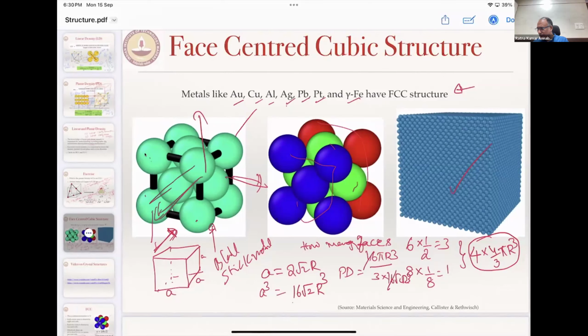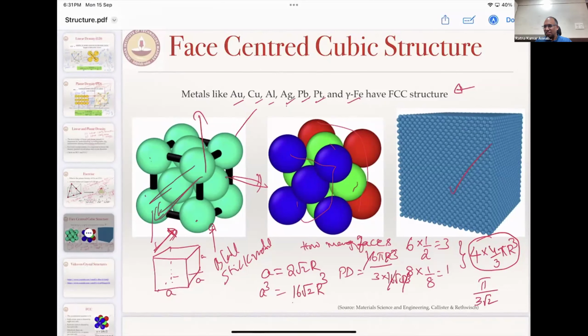16 gets cancelled, r cube gets cancelled. Then what you have is pi by 3 root 2. Can you calculate what is pi by 3 root 2? It is 0.74.